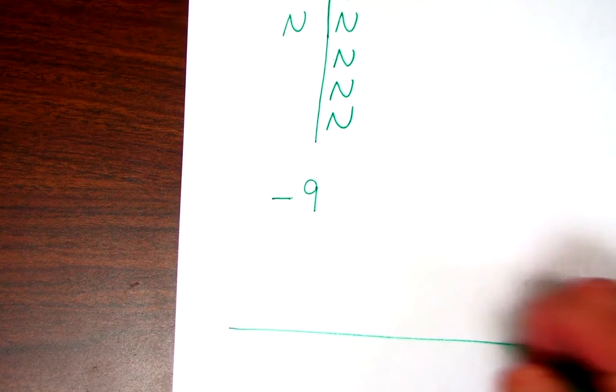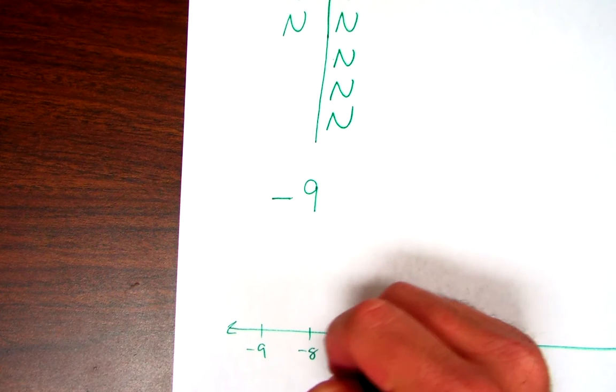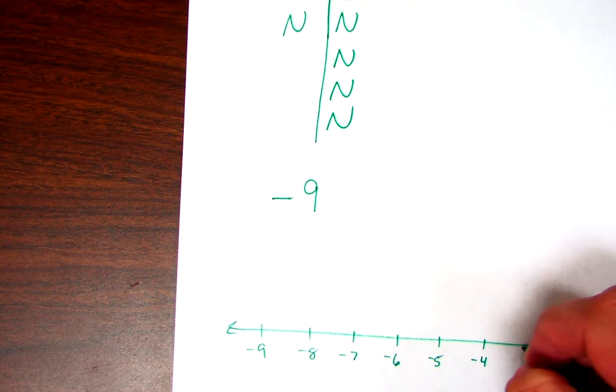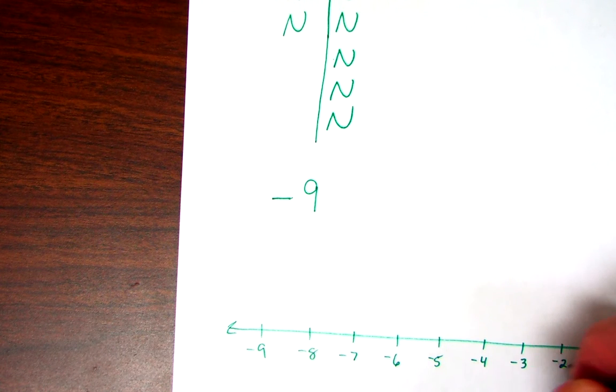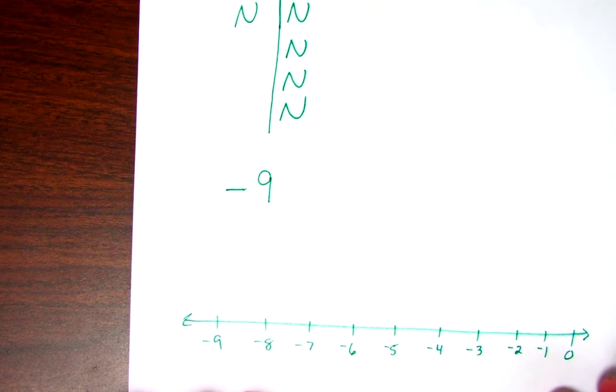On a number line, this is what it looks like. It tells me to start at -3.